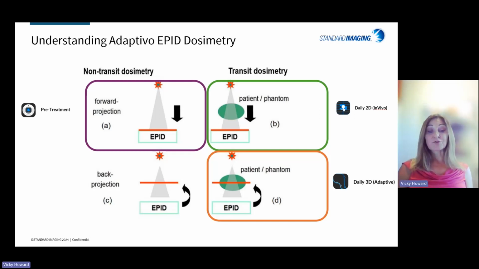Conversely, Adaptivo's 3D adaptive module utilizes the transit dosimetry back projection technique. So in this case, the EPID data is projected back into either the planning CT or CBCT for dose computation and comparison to the treatment plan.